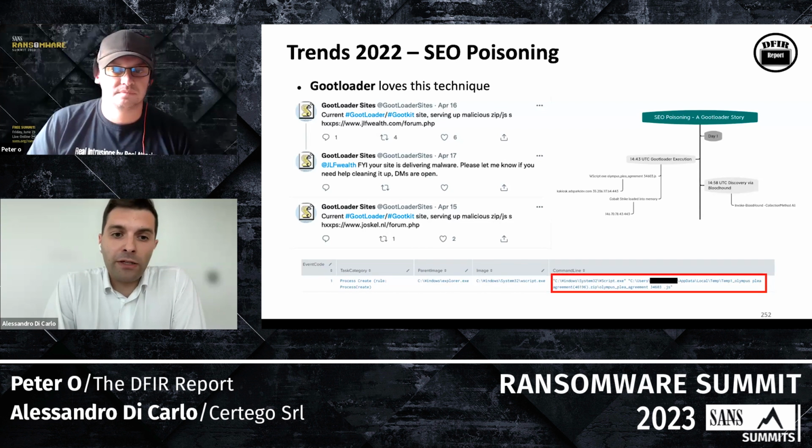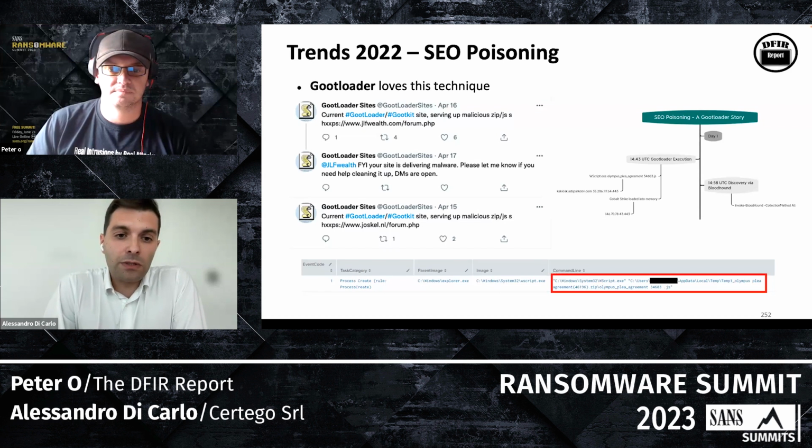And now we would like to explore the behavior of these groups and their tactics in more detail. In particular, the user might search for something specific, such as Olympus Playa agreement in this case. The search results are manipulated so that a malicious website or link appears among the top search results.